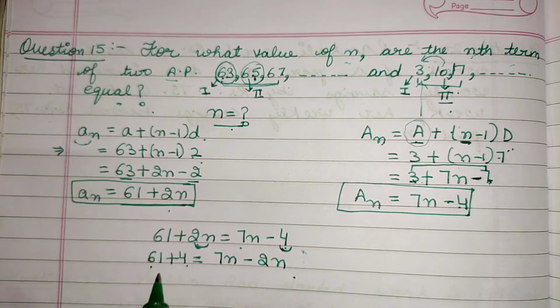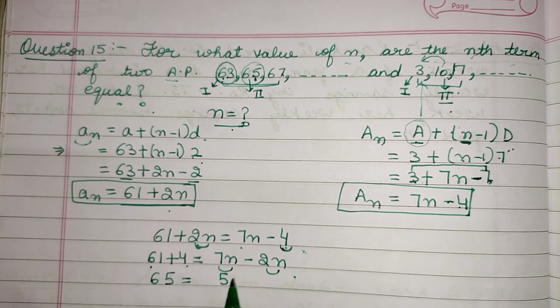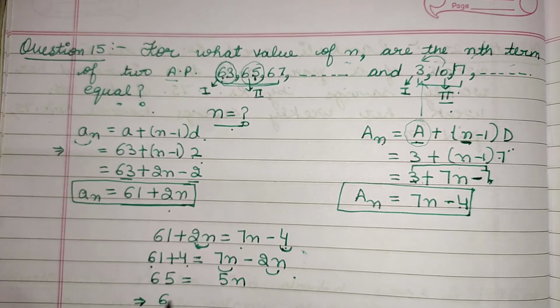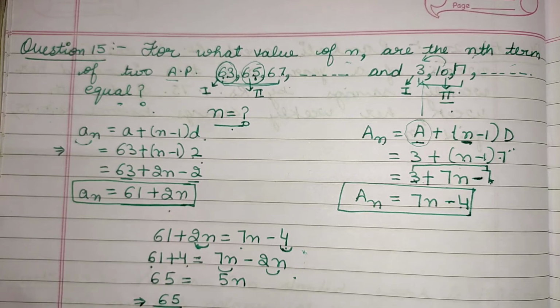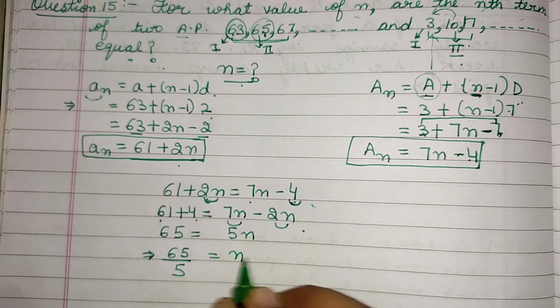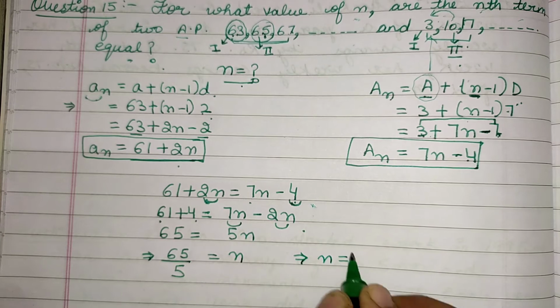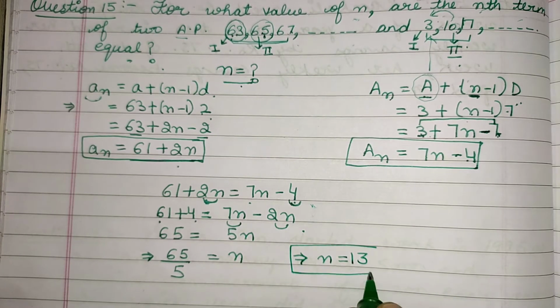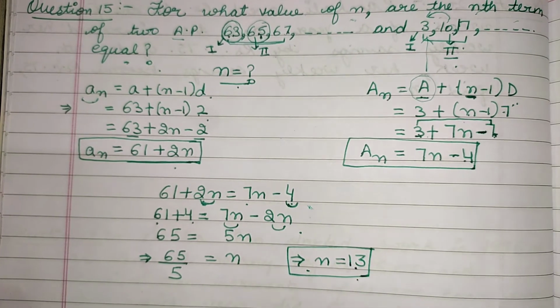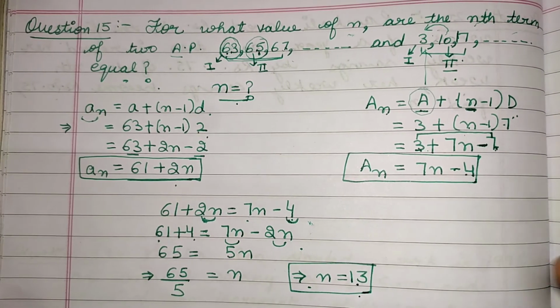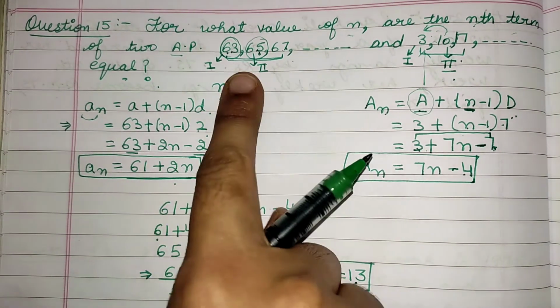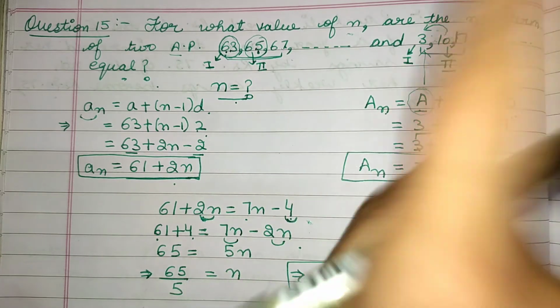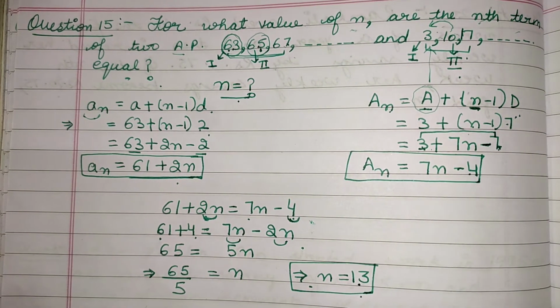So 61 plus 4 becomes 65, and 7n minus 2n becomes 5n. So I get 65 by 5 is equal to n, so n will be equal to 13. So the 13th term of both the APs will be equal to each other.